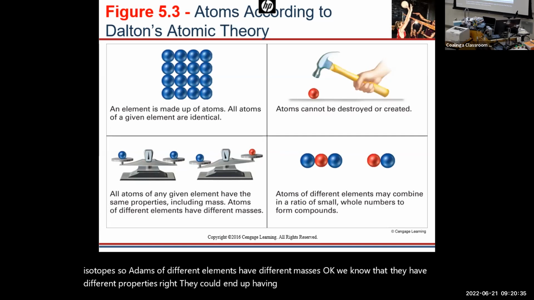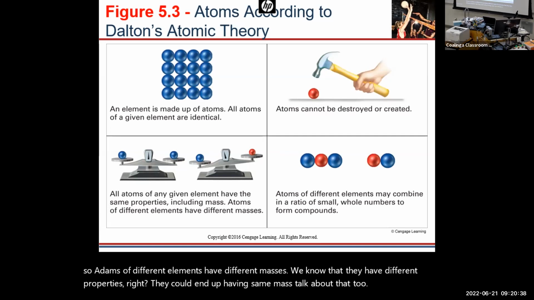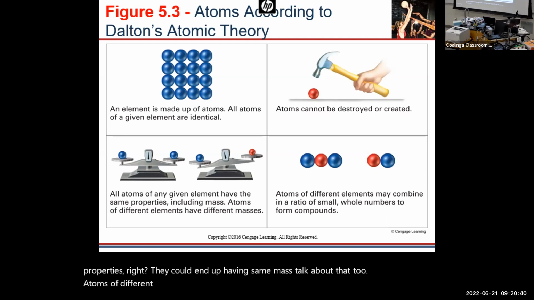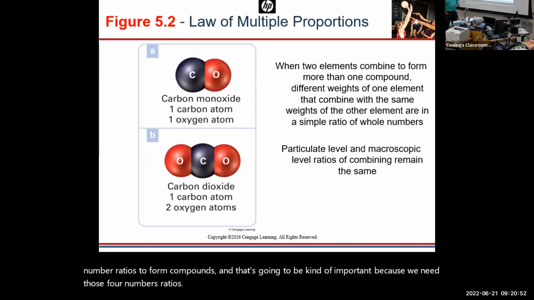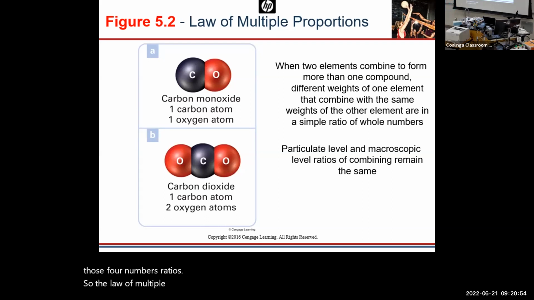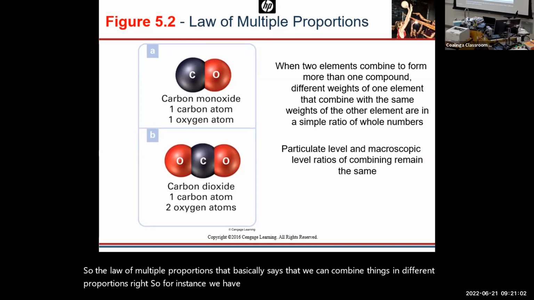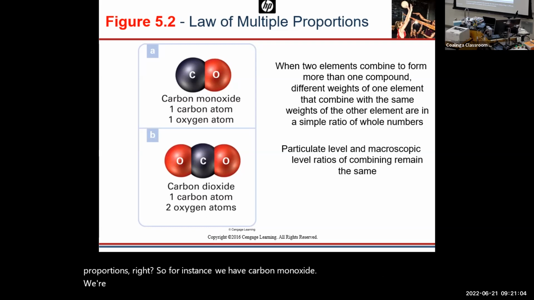Atoms of different elements may be combined in small whole number ratios to form compounds, and that's going to be important. The law of multiple proportions says that we can combine things in different proportions, right? For instance, we have carbon monoxide, one carbon, one oxygen, and carbon dioxide, one carbon, two oxygens, right? Aren't they different?